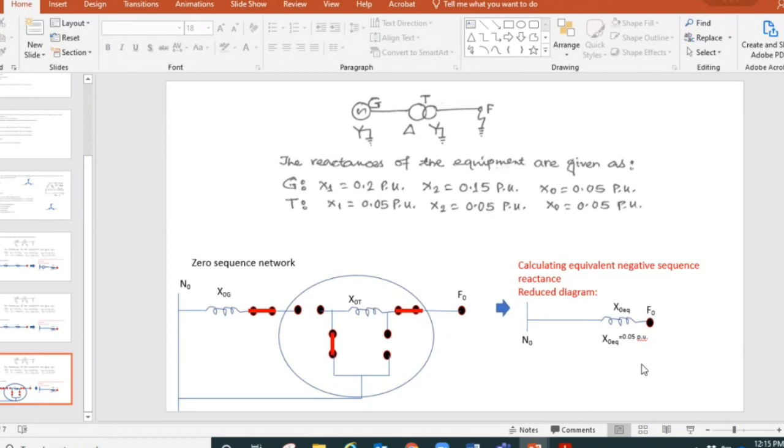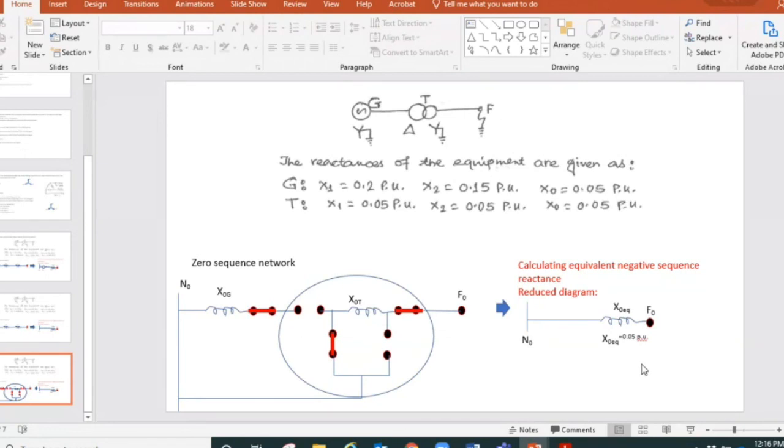Sorry, sir. For the generator, it's in series because it's star connected and solidly grounded. Okay. I'll come again with the question. If there is anything embedded inside, I am trying to find out that in your question.